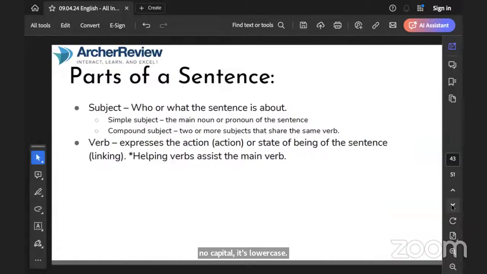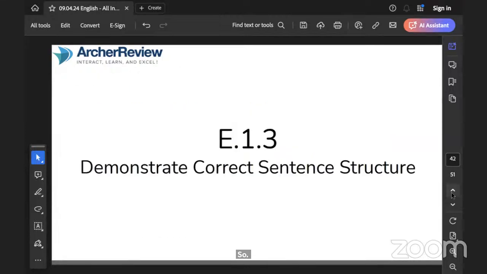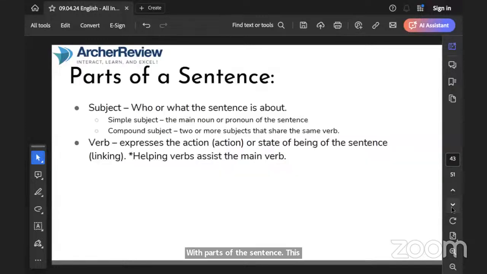All right. So I just did a whole spiel on this too while y'all were looking at the screen. So with parts of a sentence, this section right here, we are looking at correct sentence structure. So parts of a sentence, subject, who or what the sentence is about. A verb, you can have either the action verb, which is going to show some sort of action, or it can be a linking verb that's showing a connection between the subject and a description being made.